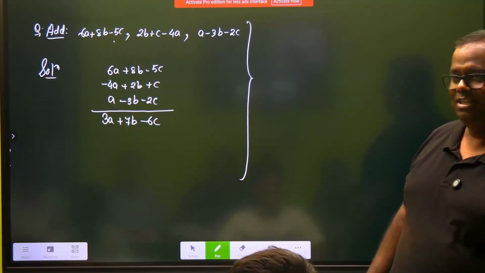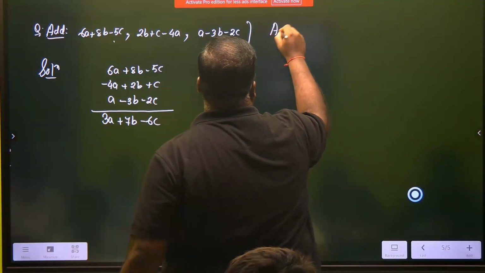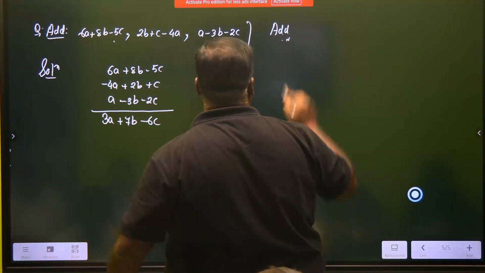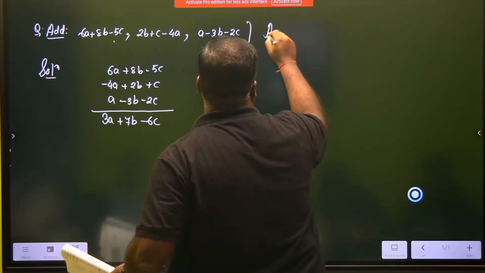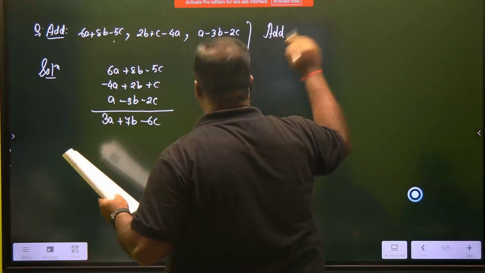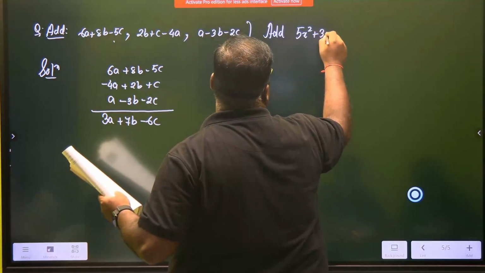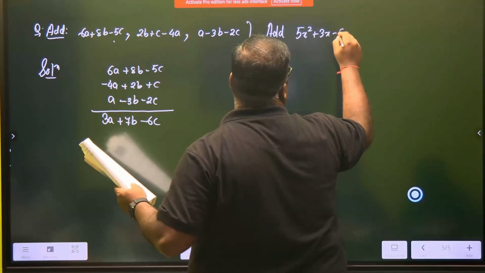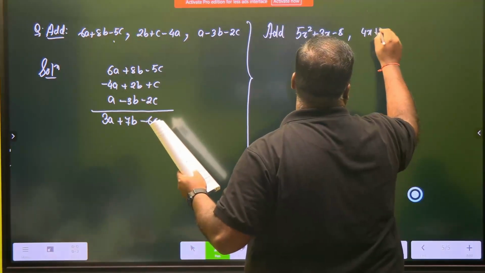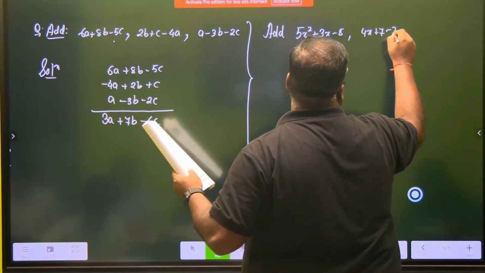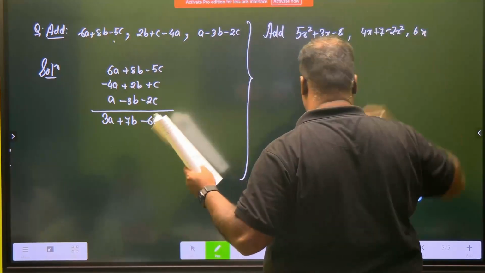Did you understand? Let's move ahead. One more problem. Now we will add. Are you enjoying it? Add 5x squared plus 3x minus 8, then 4x plus 7 minus 2x squared, then 6x. Oh no, it's only 6.